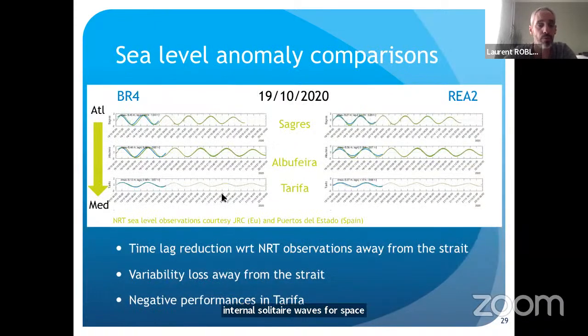So first of all, we present sea level comparison on the 19th of October 2020. This is during our campaign over the Strait of Gibraltar. We compare sea level computed from BR4 and the RIA2 models with respect to near real-time observation in green.